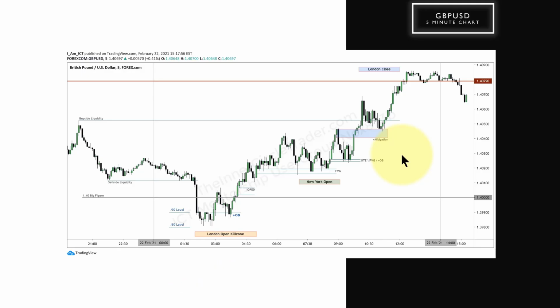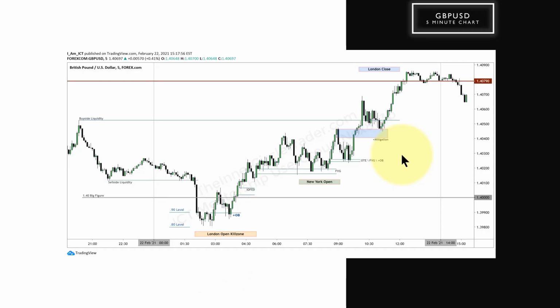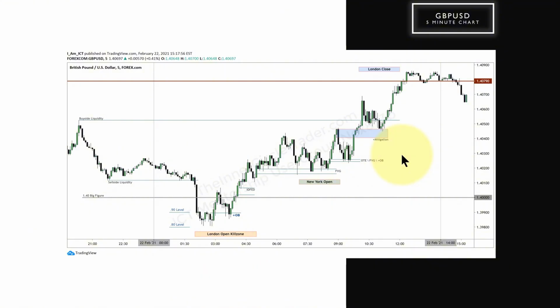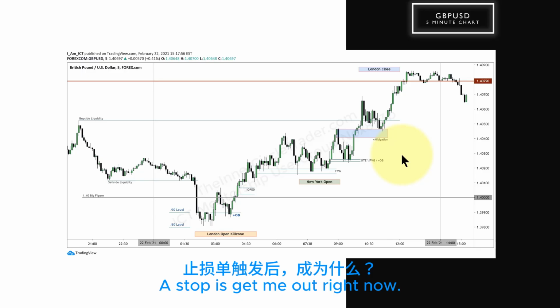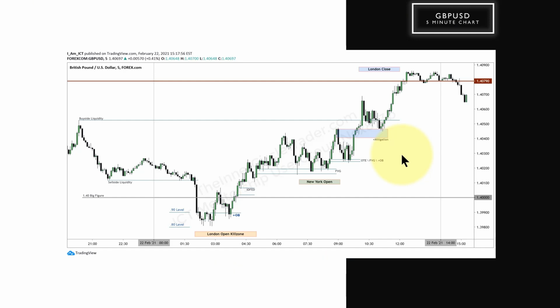When you trade with a stop, that stop gets triggered by price, and then it becomes a market order. The limit orders limit what you're willing to pay in price. A stop is get me out right now. At the earliest convenient price that is made available to me, I want out just like that.